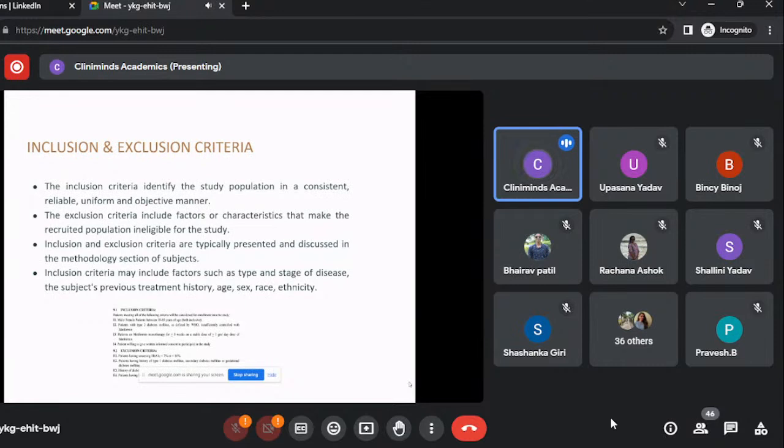Compared with inclusion, exclusion will have a lot of points and inclusion very few. All the points related to exclusion should be no to make someone eligible for the study.